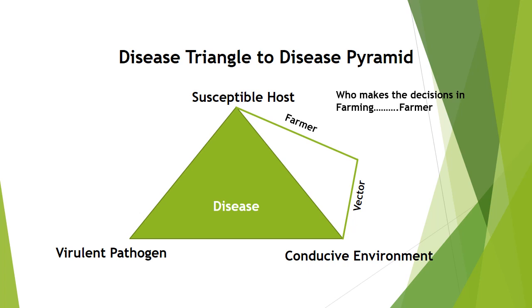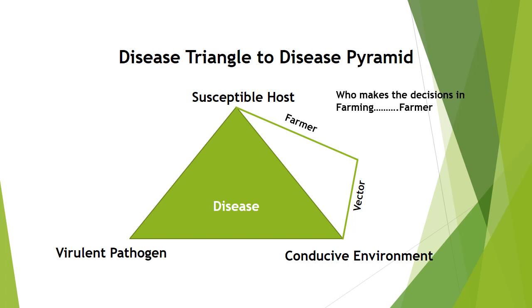For example, in the orchard we see that the farmer prunes the plants, and pruning of the fruit trees helps to improve the ventilation or the circulation of the air, and at the same time it also helps the entry of sunlight, which acts negatively on most of the pathogens.